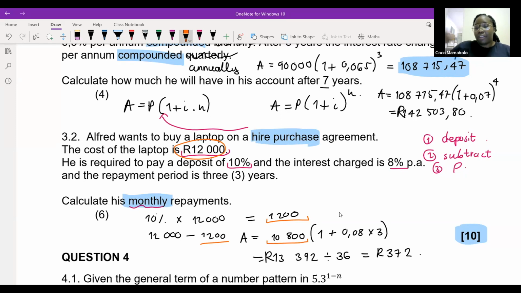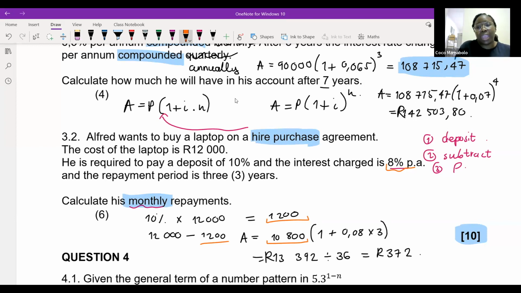Okay, now after that, they're still going to charge him interest on the loan that he's taken out. And the interest that they charge him is 8% per annum. Give me a yes if what I just said makes sense. Good. Now, hire purchase is always calculated over simple interest.